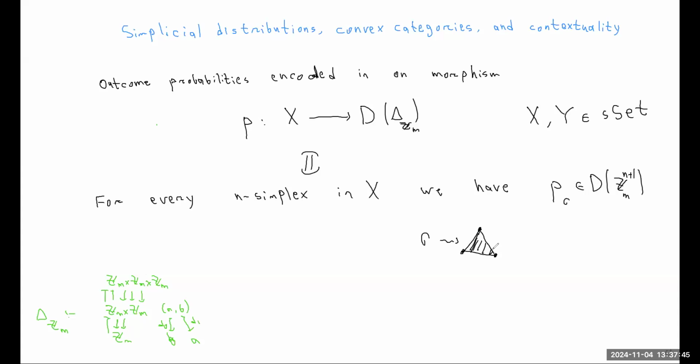Going back to what Jihan explained last time, it means there are 3 measurements that we can do together, and we get the probability distribution on Zm cross Zm cross Zm, since all the outcomes can be in this set. But it's not only a set of distributions. These distributions should be compatible in some way.